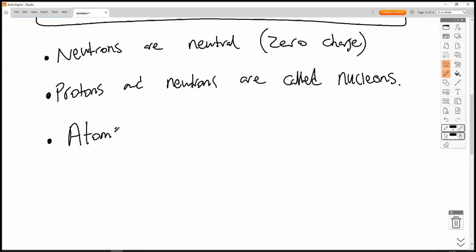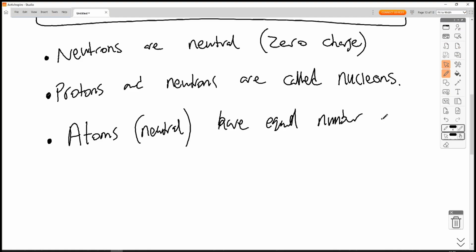Now, atoms are neutral because they have equal numbers of protons and electrons, which means that their charges will cancel each other out. So overall, they have a charge of 0.